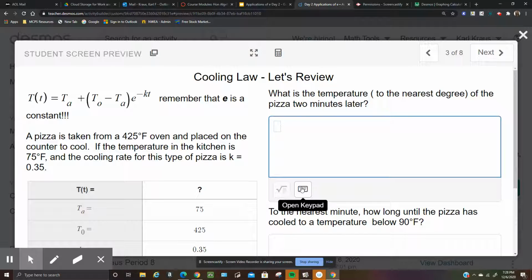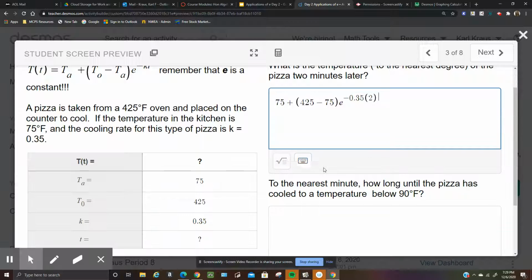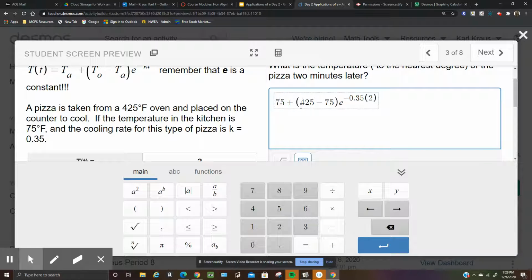Let's see, we have the keyboard here. 75 plus... So we're looking for T of 2.